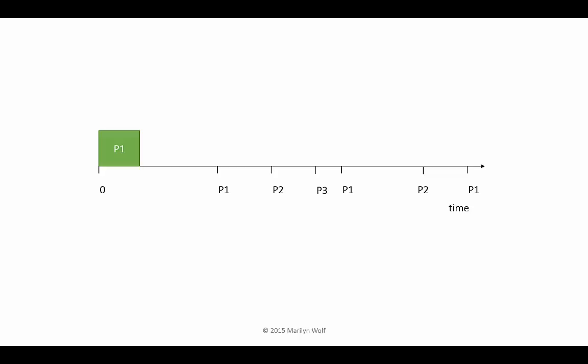This timeline shows the deadlines of processes. At this point in the schedule, P1 is closest to its deadline, so it has the highest priority. At this point, P2 is closest to its deadline, so it would have the highest priority. And at this point, P3 is closest to its deadline, so it has the highest priority.